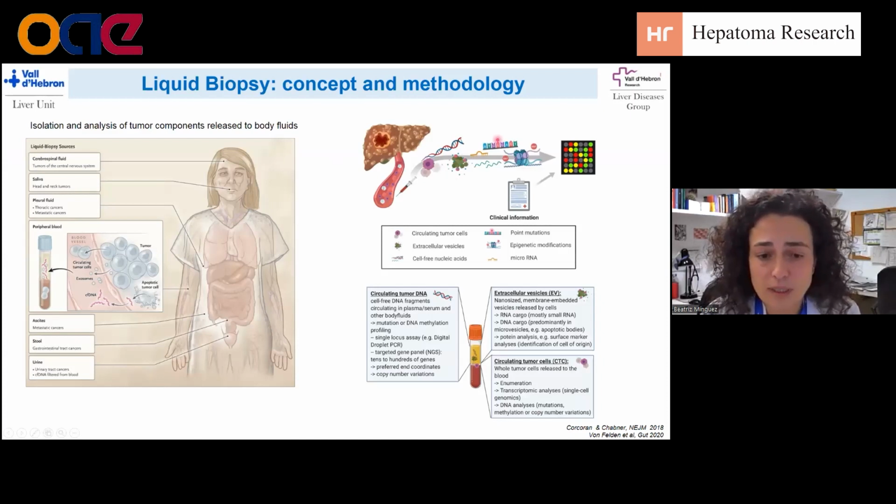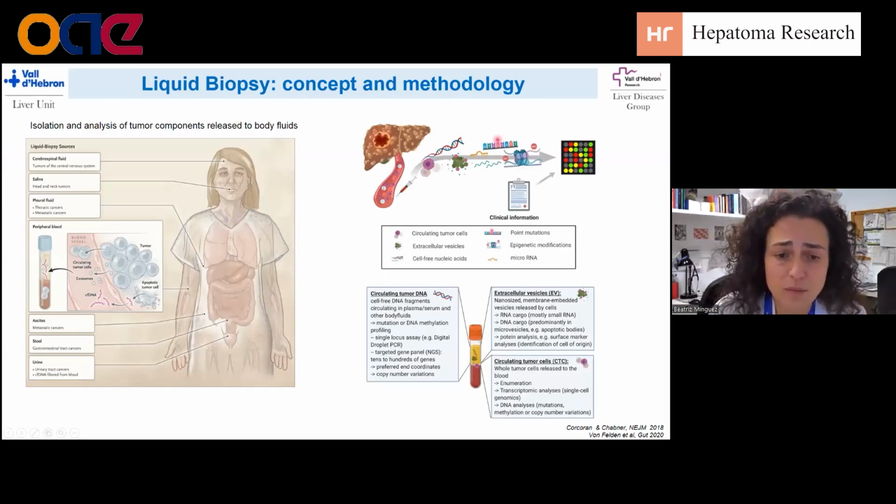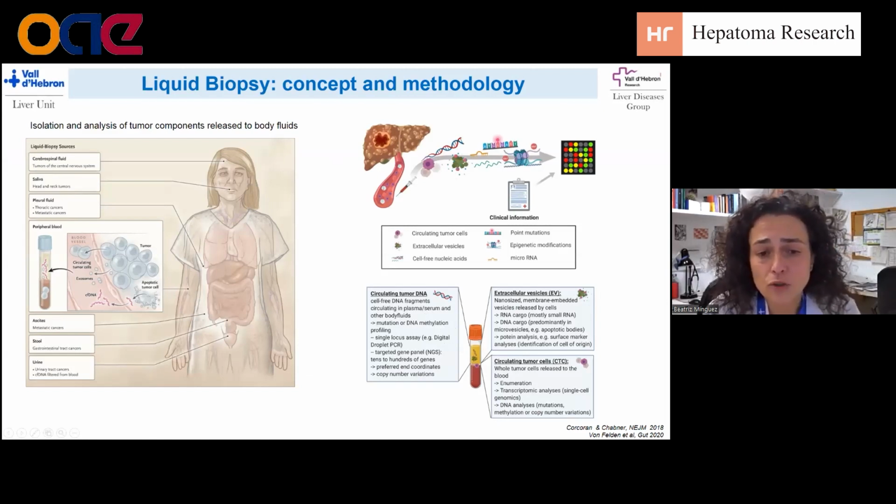As you can see here, the three most extensively studied have been extracellular vesicles, which I won't speak about today, and also circulating tumor DNA, which are small fragments of DNA released to the fluids, and circulating tumor cells, which are whole tumor cells released, in this case, to the blood.